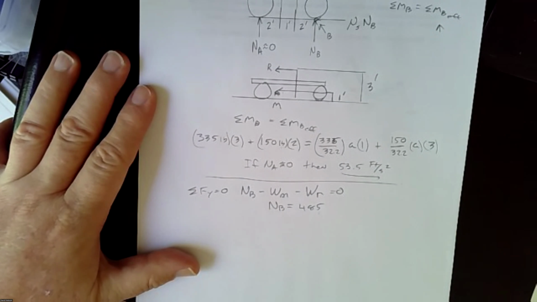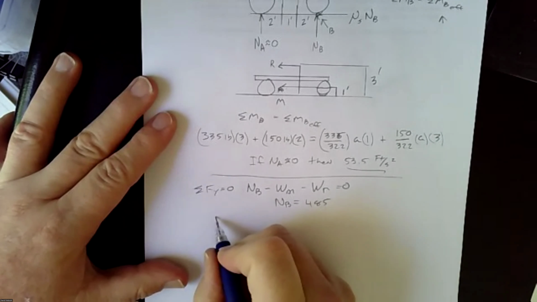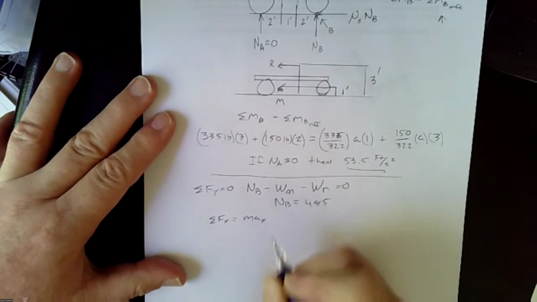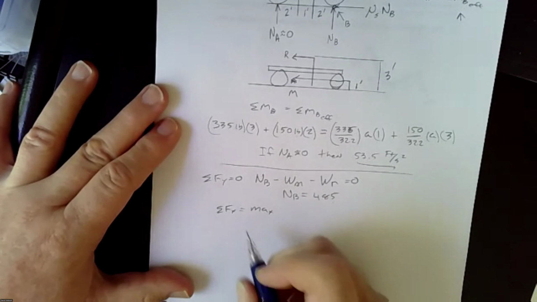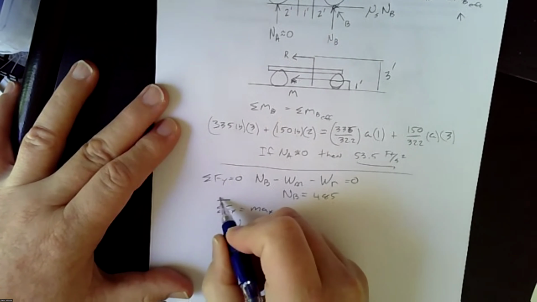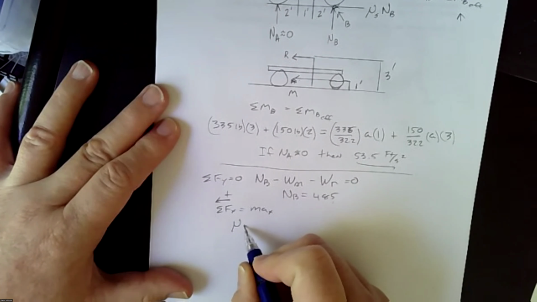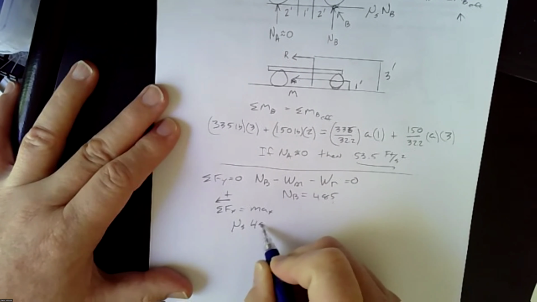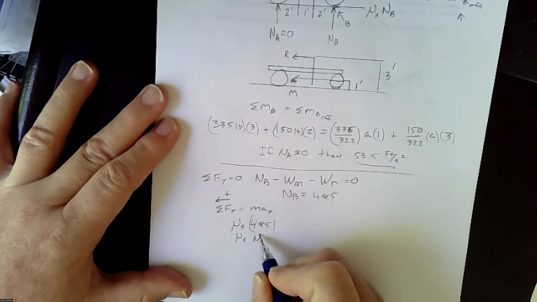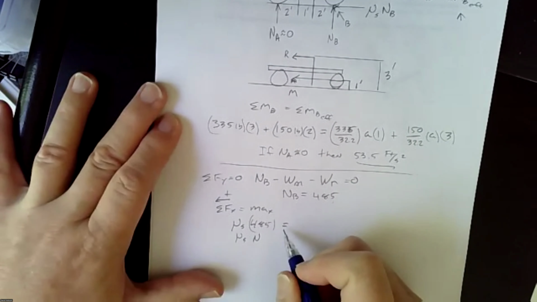And then if we look at summing the forces in the x, then what do we have? We have mu static times the normal force, 485, making this way positive. And then that equals what?